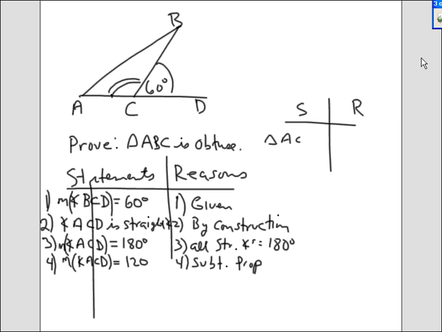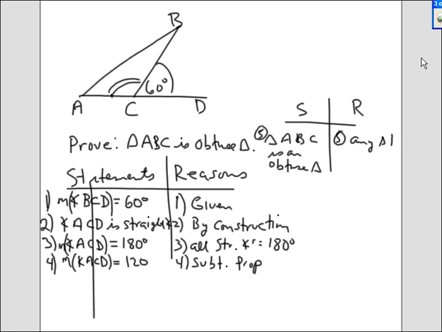Triangle ABC is an obtuse triangle. This is statement number 5. The reason is by definition.